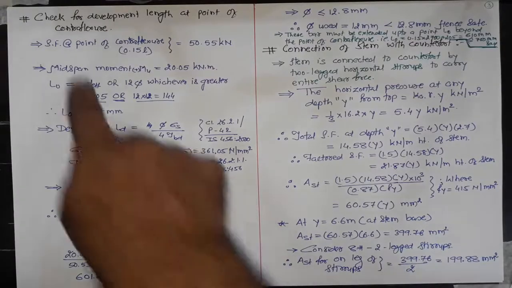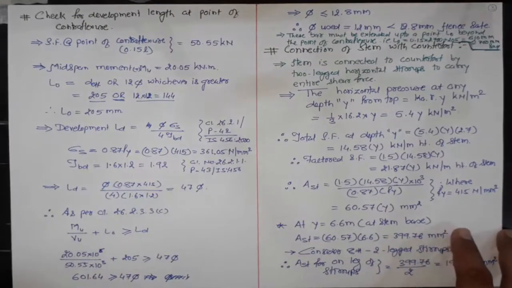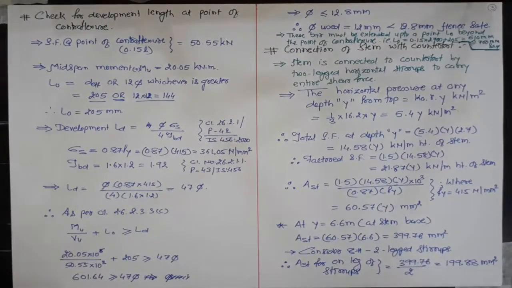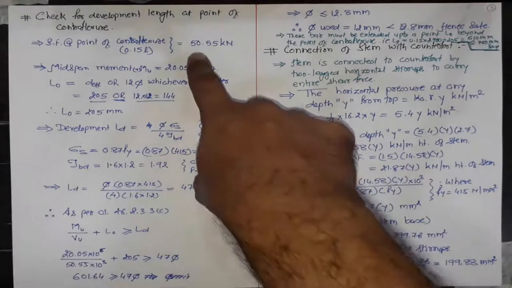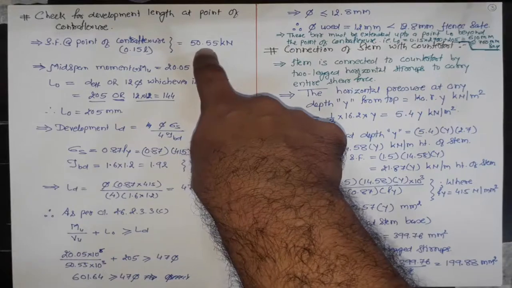Now let's check for the development length at the point of contraflexure. Here the shear force at point of contraflexure is 50.55. This we have calculated in our previous portion.